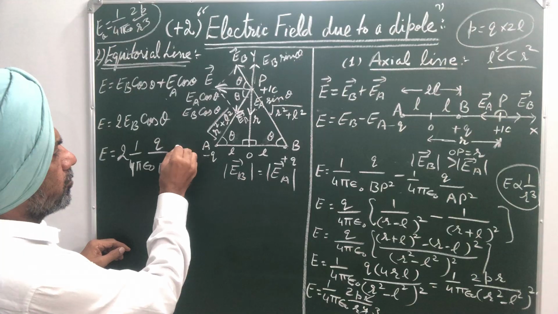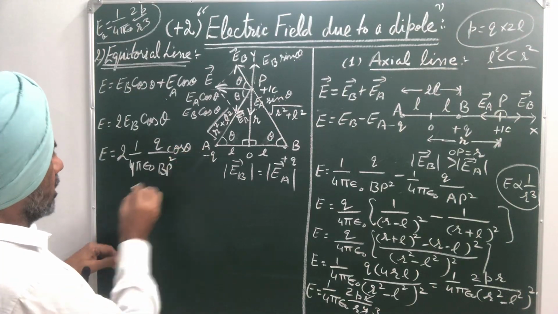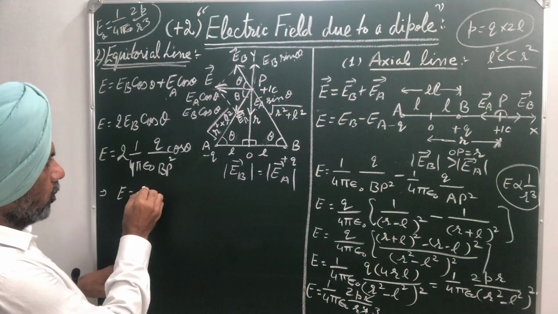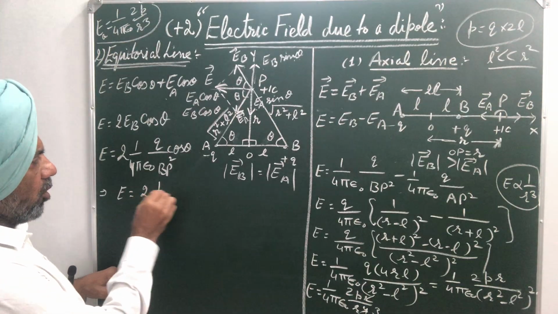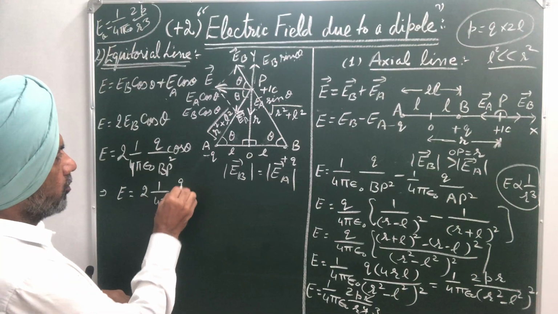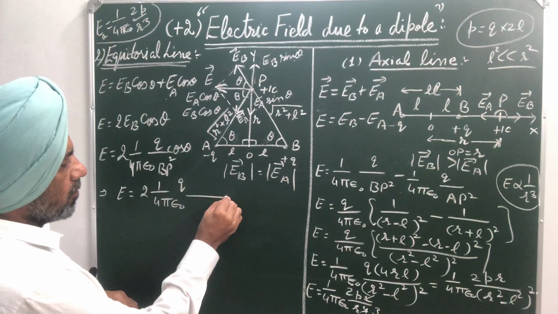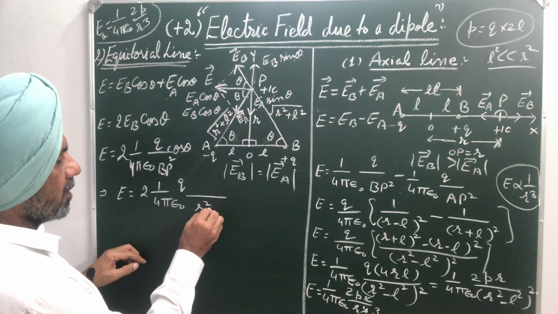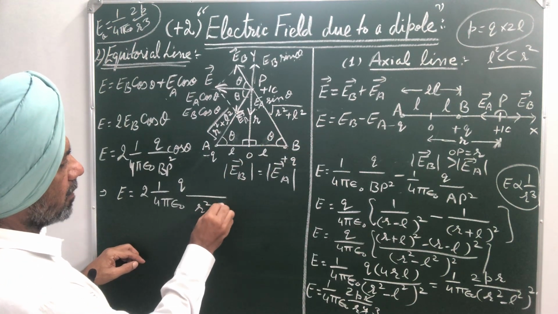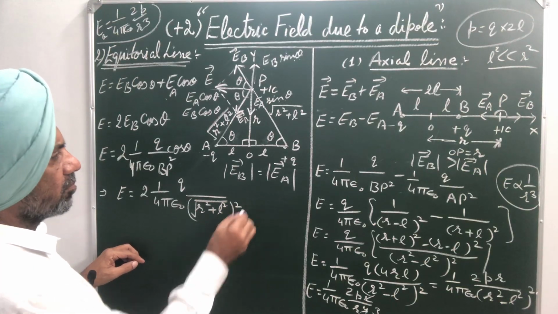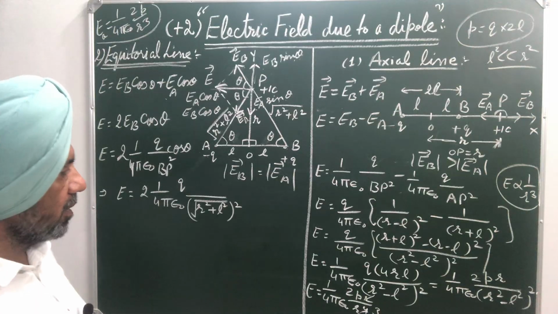So E is equal to 2 times 1 upon 4 pi epsilon naught Q upon BP square, which means (R square plus L square) whole square root squared, because BP is under root R square plus L square.